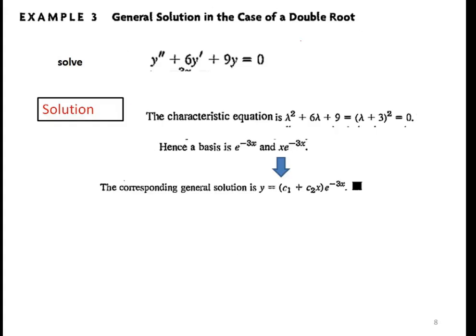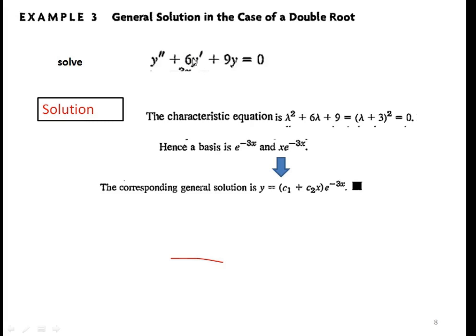Example: general solution in the case of a double root. Now I have y double prime plus 6y prime plus 9y equal to 0.